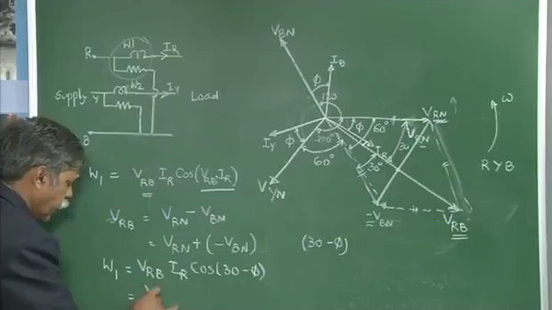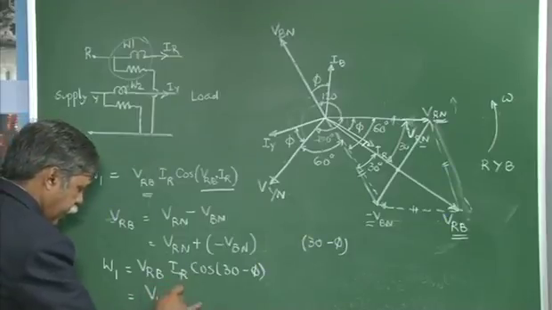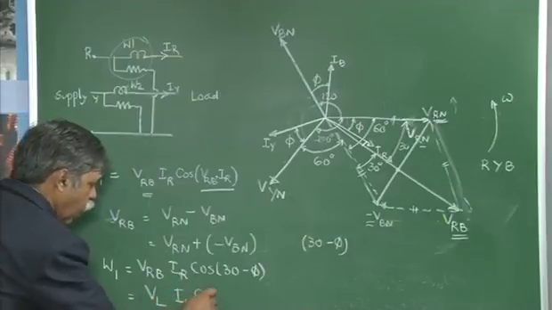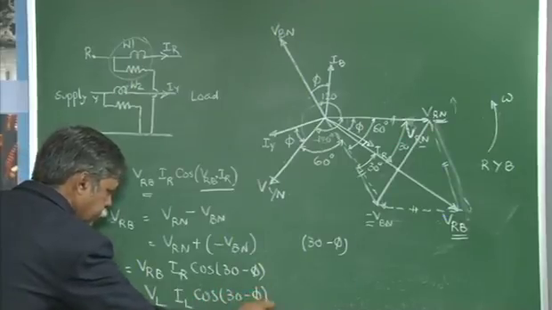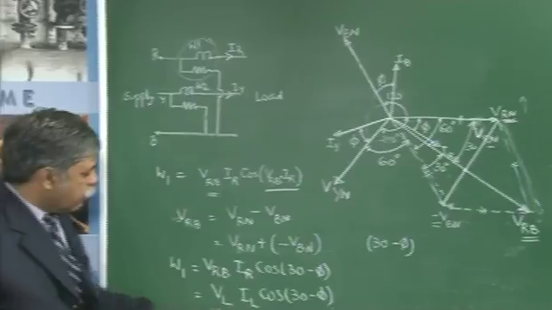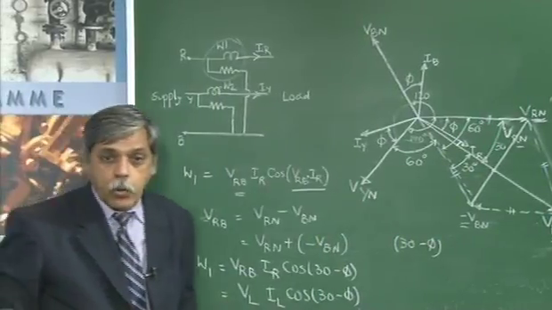VRB is the line voltage VL, IR is the line current IL, and cos of 30 minus phi. So this is the wattmeter reading W1.